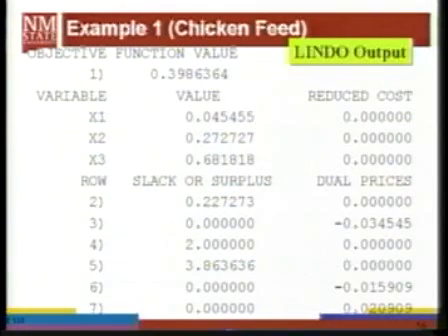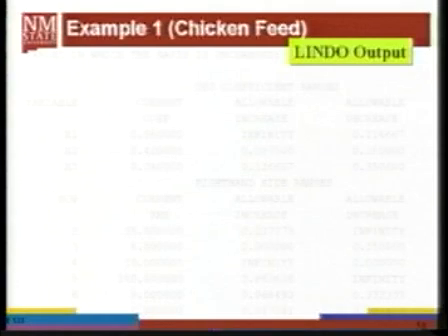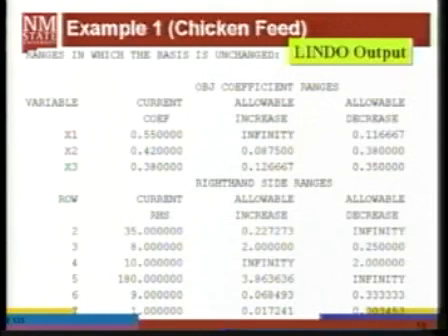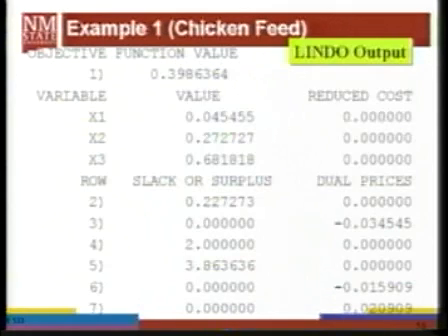And of course, the slack or surplus column in the solution report shows how tight the constraint is, right? Here, okay.